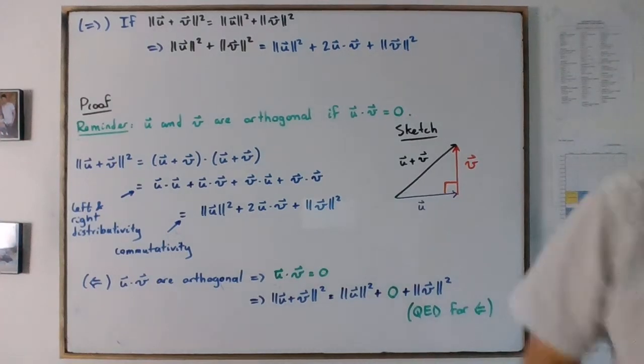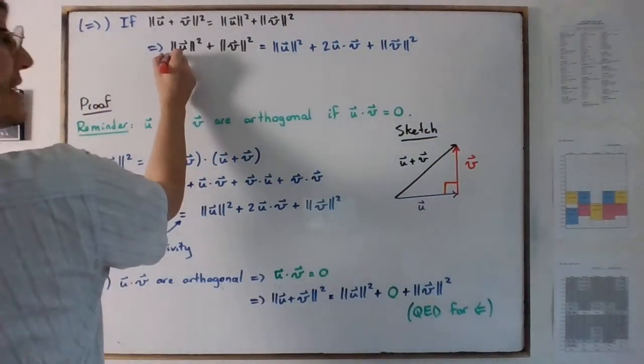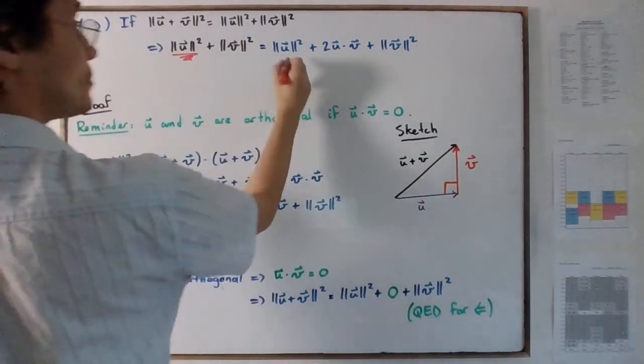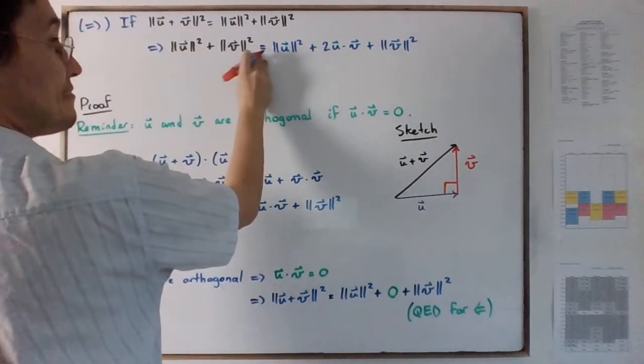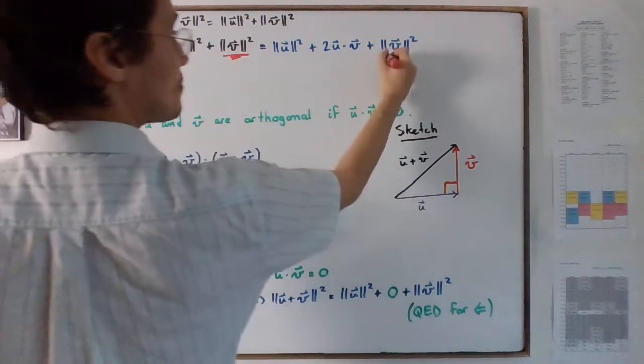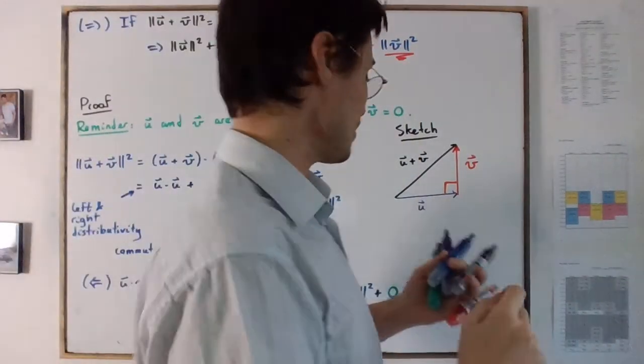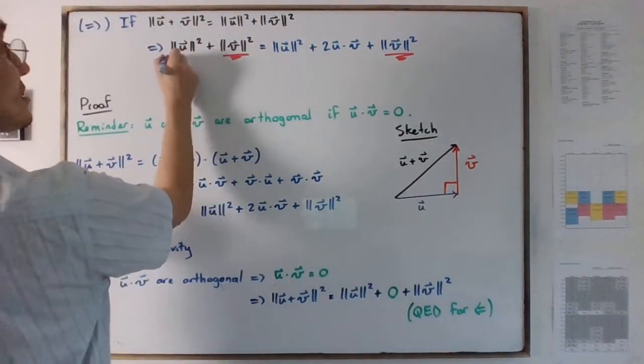And from there, what you should see is that, again, these cancel. I will respect my color code here. So the v squares cancel, and the u squares also cancel.